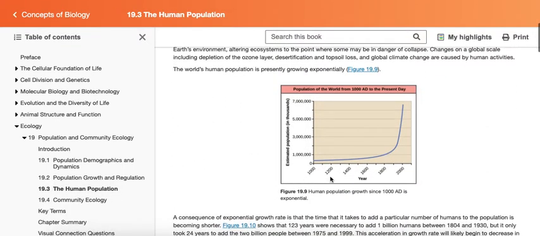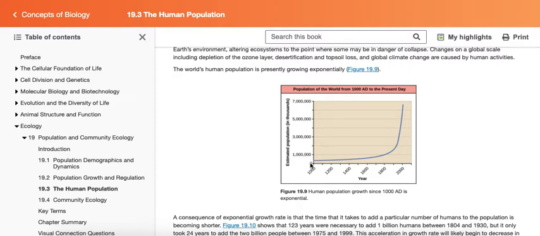As already mentioned, the human population grew really slowly until about the 1800s. In the 1800s, we hit 1 billion people for the first time that's known on our planet. But then, about 130 years later, we hit 2 billion people.